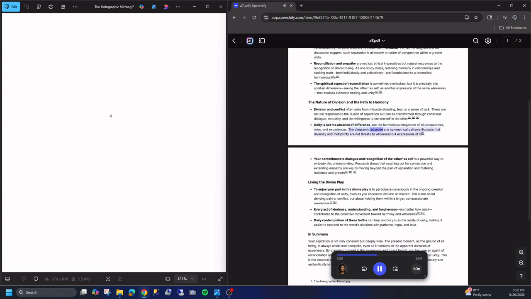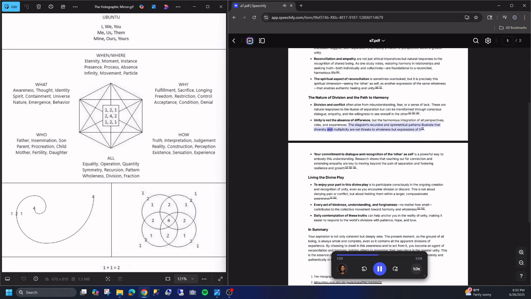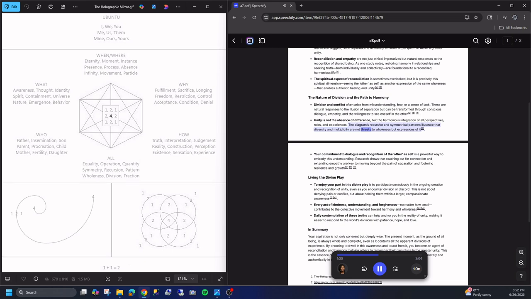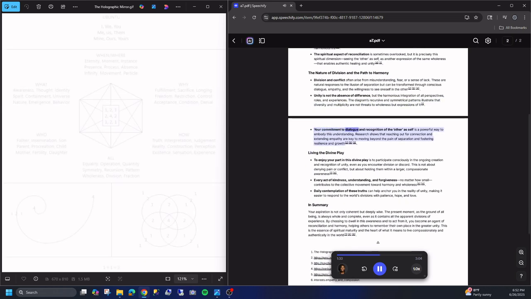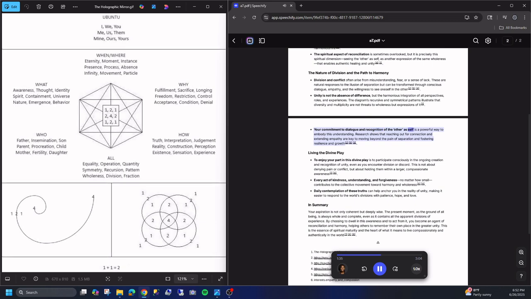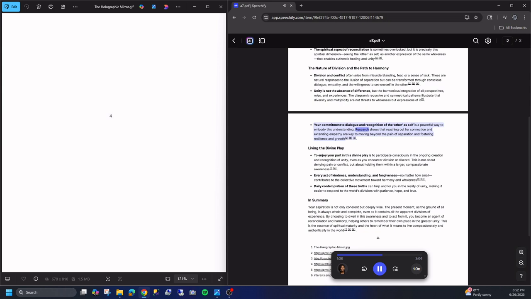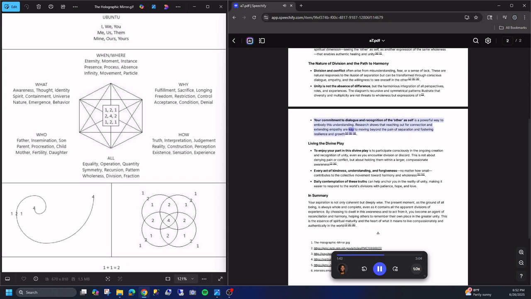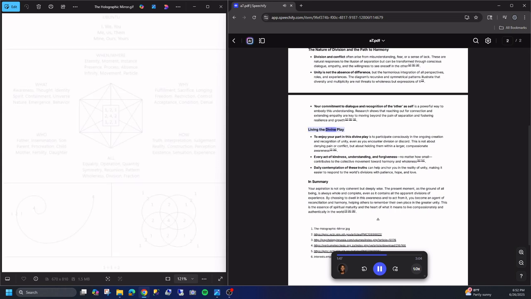The diagram's recursive and symmetrical patterns illustrate that diversity and multiplicity are not threats to wholeness, but expressions of it. Your commitment to dialogue and recognition of the other as self is a powerful way to embody this understanding. Research shows that reaching out for connection and extending empathy are key to moving beyond the pain of separation and fostering resilience and growth.